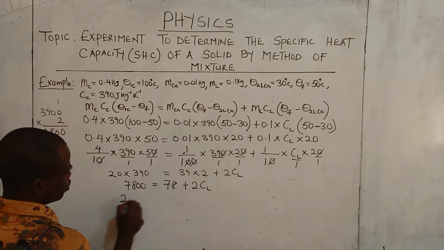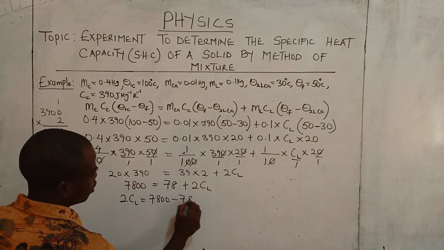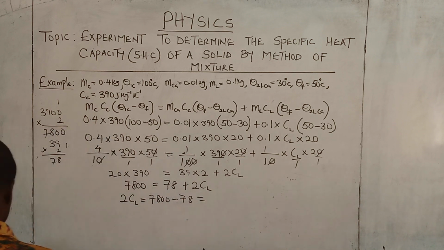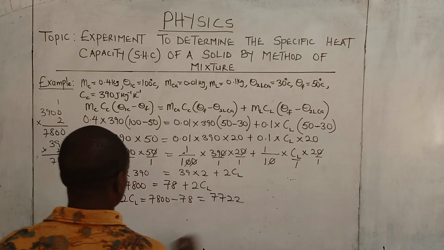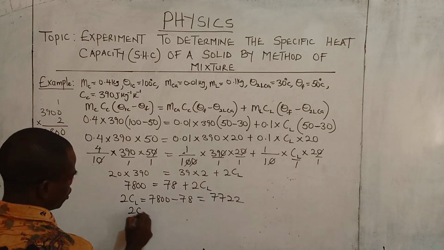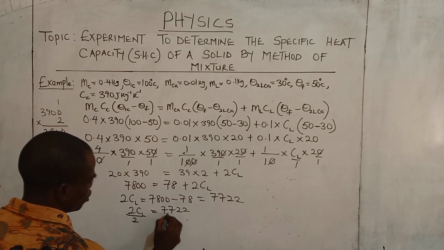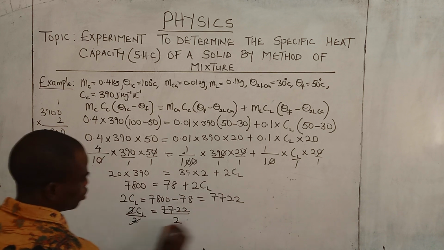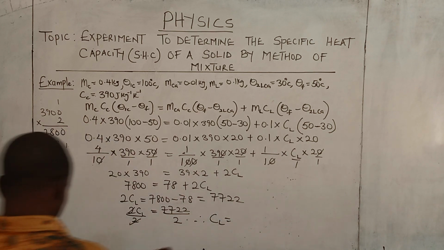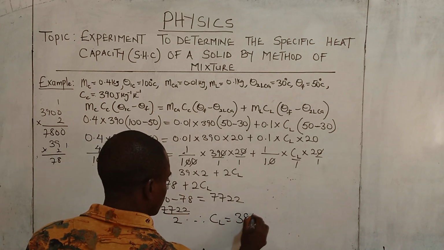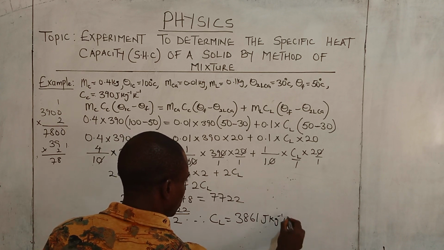Collect the terms: 2CL equals 7,800 minus 78, press your calculator very well, that's 7722. Now 2CL equals 7722. Divide both sides by 2, 2 cancels 2. Therefore, CL equals 3861 joules per kilogram per Kelvin.